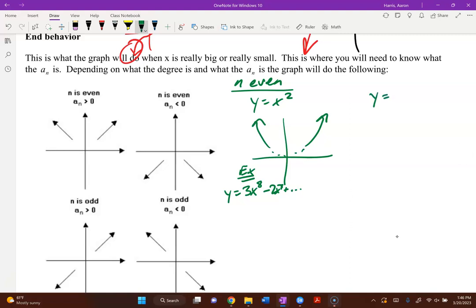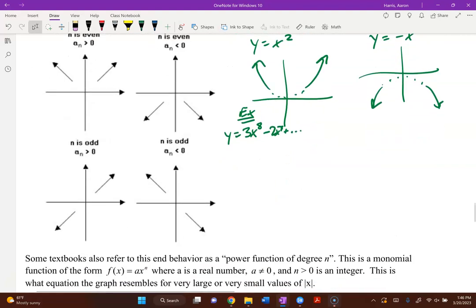Now, if the leading coefficient's negative, like negative x squared, now it's going to go down to the left and down to the right. It's going to flip that over, right? Now, when it's odd, I think about x cubed. So if the degree of the polynomial is odd, again, I like to think about x cubed.